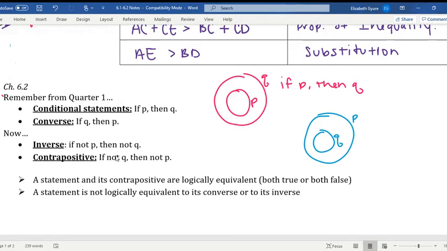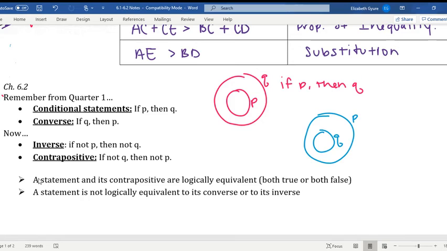Okay. So these Venn diagrams actually also apply to some of these shapes. So I don't know if you noticed when I was just talking about it, if a conditional statement is true, the inverse actually is false. And if a conditional statement is true, then the contrapositive is also true.